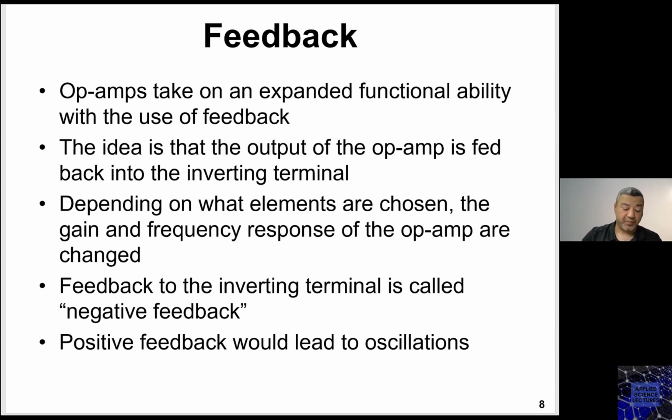However, there is a con when it comes to having an extremely high gain. You will be very limited and restricted in terms of the frequency bandwidth used in this operational amplifier. So that's why we tend to use the feedback.